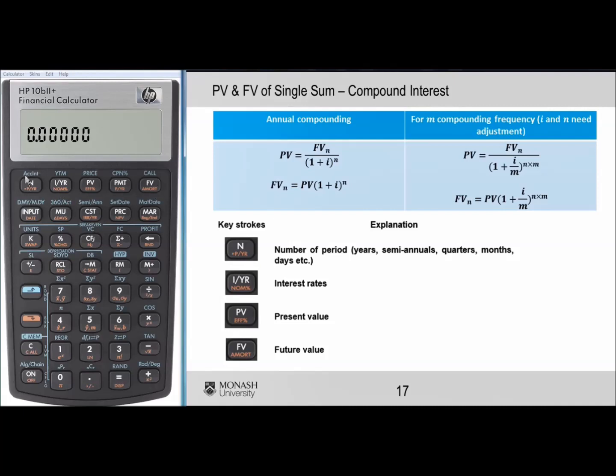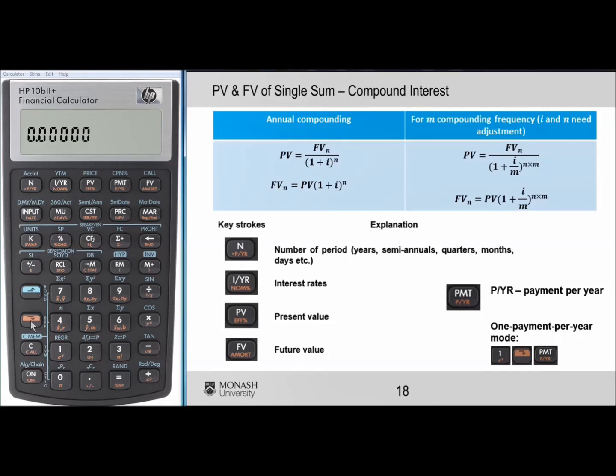Note the payments per year function, which is the secondary function below the PMT button. This allows us to change for different compounding frequencies. The default status for the calculator is 12 payments per year mode.